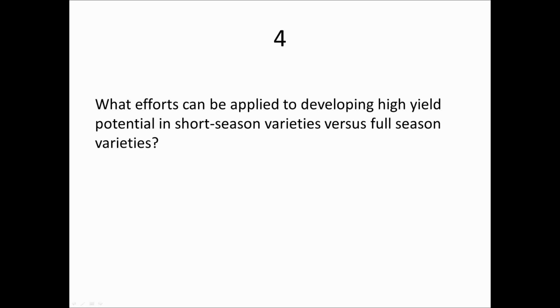So just local selection for yield then is going to be as successful as targeting any kind of specific maturity? If you want to move advances made in more temperate regions into the tropics, you can do the long juvenile conversion of maturity group 4s or 5s, for example, and they'll convert into something like 110, 120 day bean into the low latitude tropics.